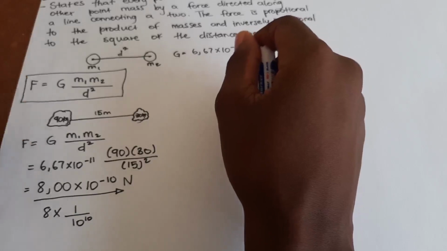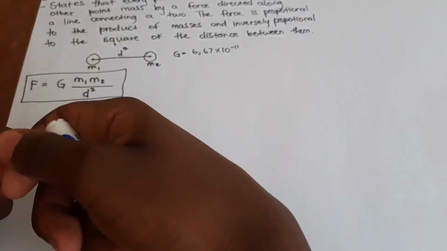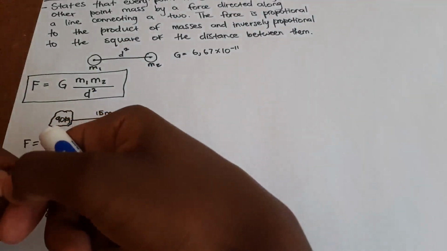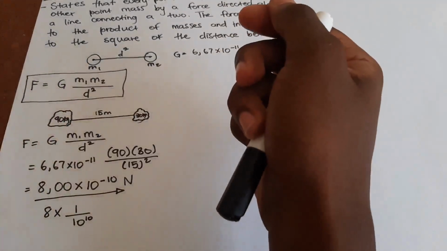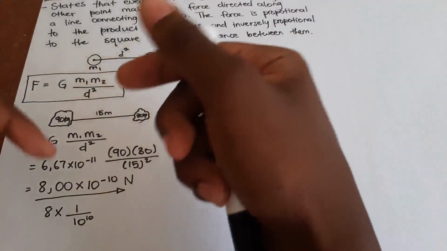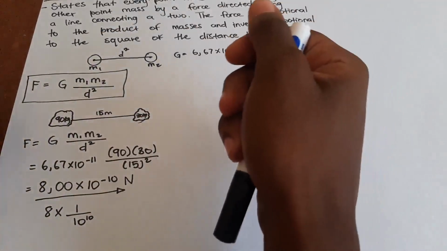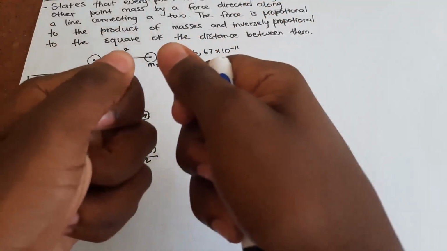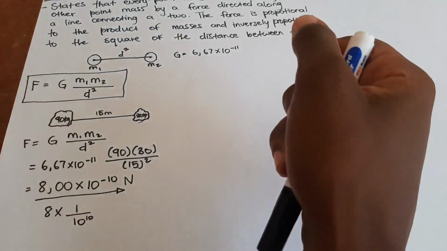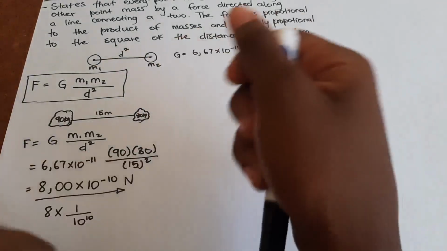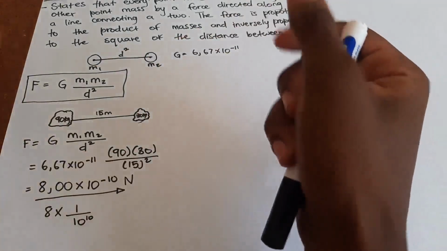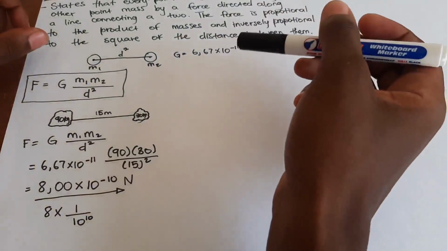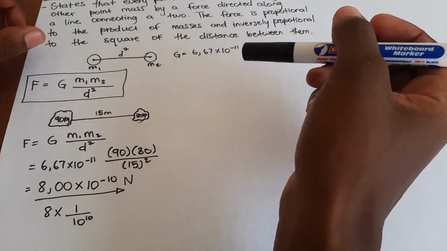That basically means the longer the distance between objects, the smaller the force of attraction, and the shorter the distance, the stronger the force of attraction between those two objects.